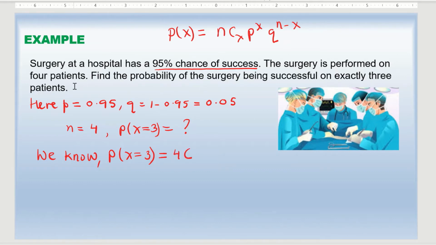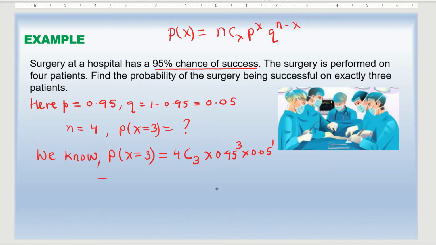We are talking about exactly 3 patients. The probability the surgery will be successful on exactly 3 patients, so x equal to 3. So this x is 3, 4C3 times p is 0.95 raised to x is 3, times q is 0.05 raised to n minus x. n is 4, x is 3, so 4 minus 3 is 1, raised to 1.